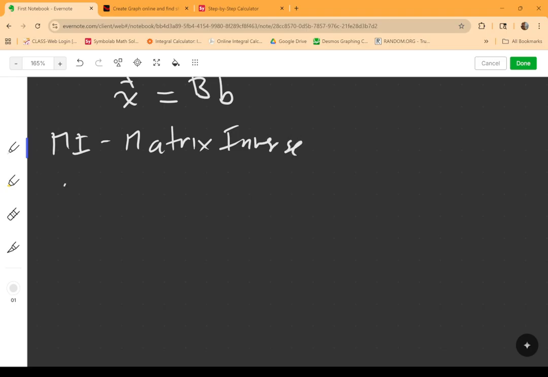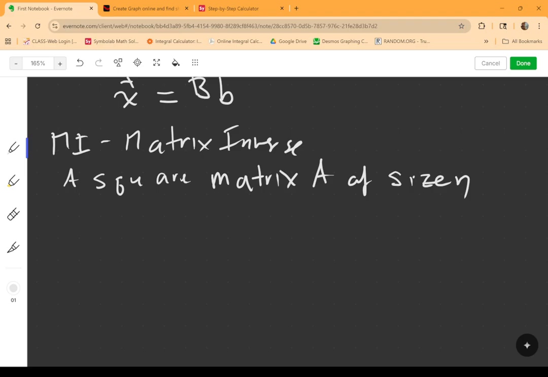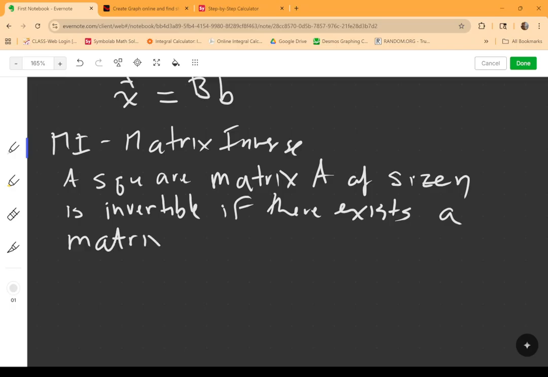A matrix inverse: a square matrix, so again we're only dealing with square matrices, a square matrix A of size n is invertible, or has an inverse, if there exists a matrix B such that AB is equal to BA, which is equal to I_n.